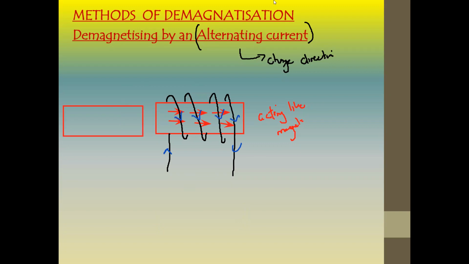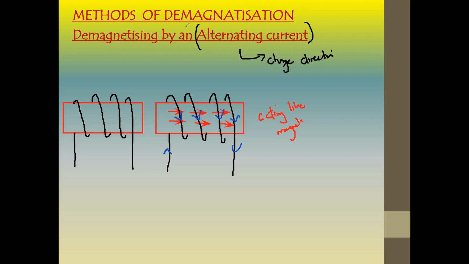The only thing that happens is the direction of the current changes, because as the direction of the current changes, the direction of the magnetic field will also change.